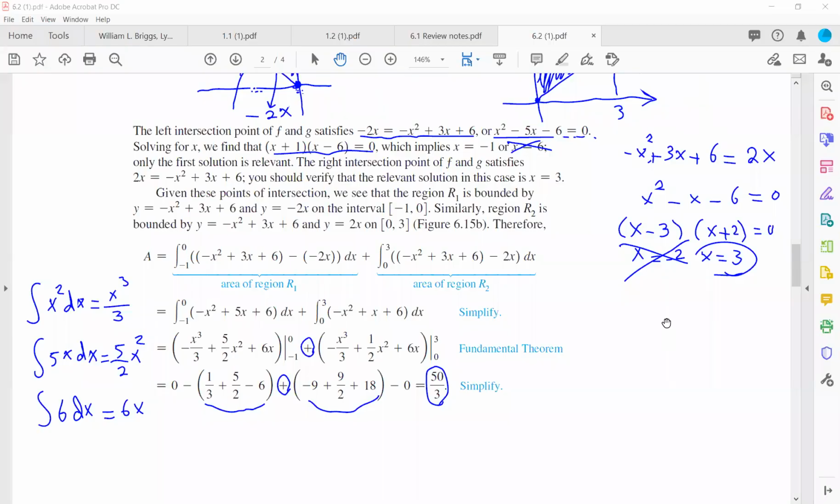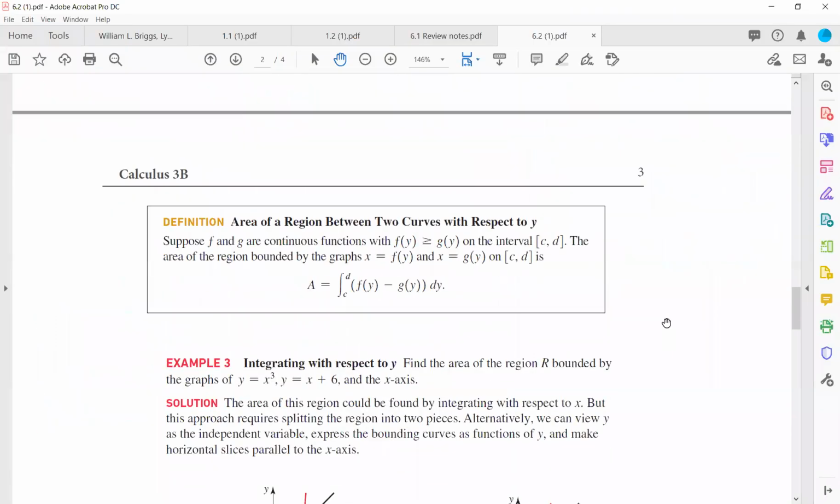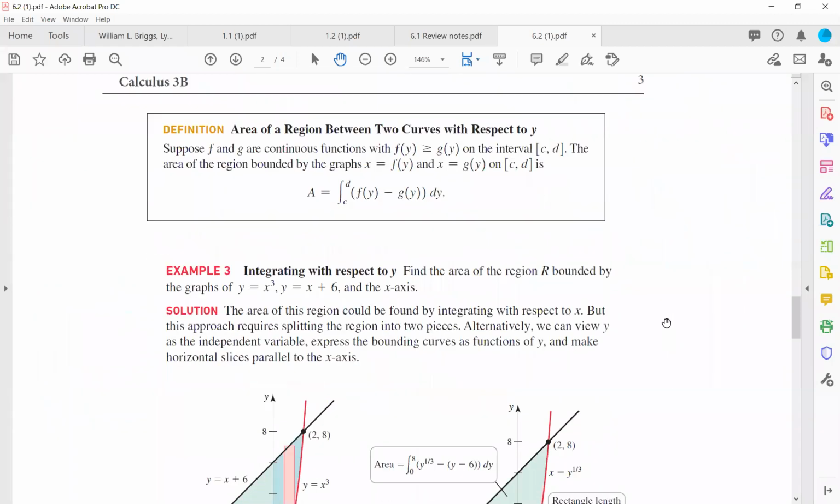See what's going on? Okay, so far we found the area between two curves with respect to variable x. Now, what if it's more convenient to take the integral with respect to variable y?